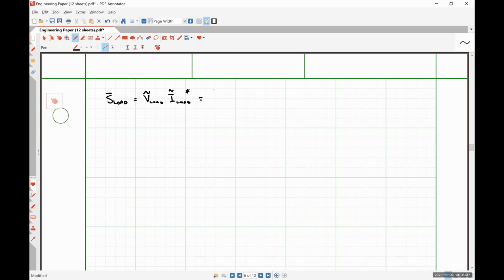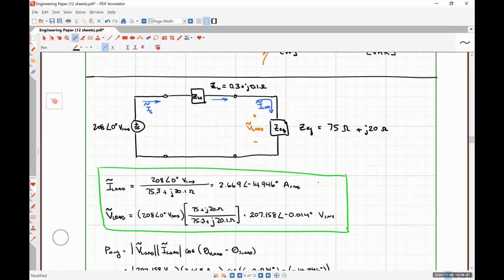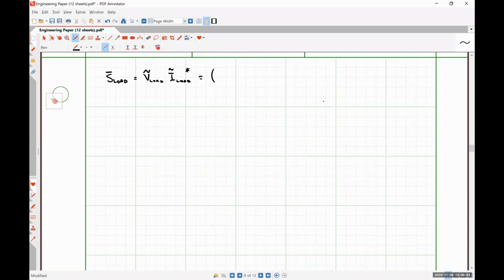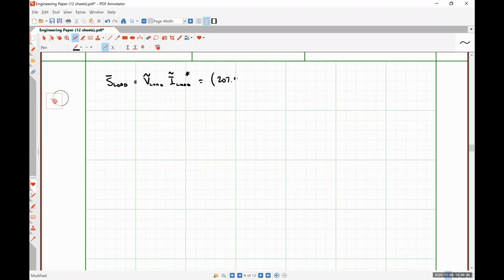But just to be clear, we will be multiplying 207.158 with an angle of negative 0.014 degrees volts RMS.